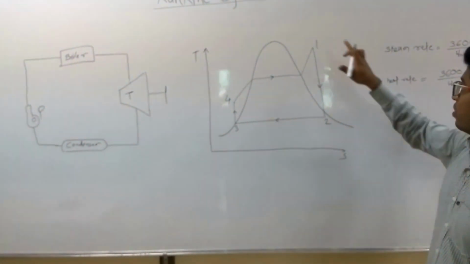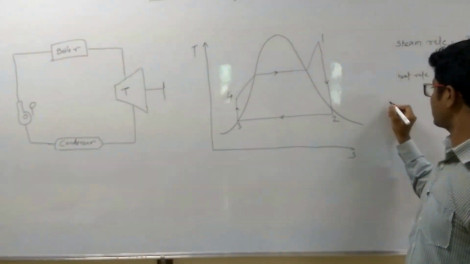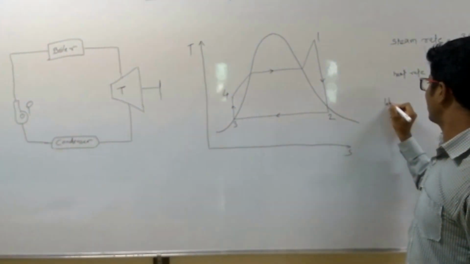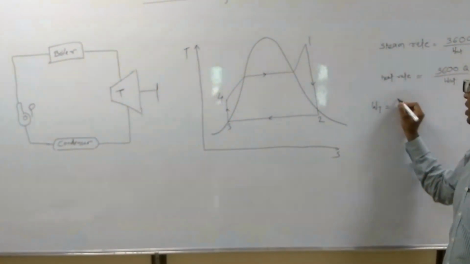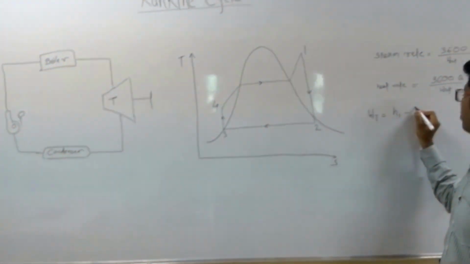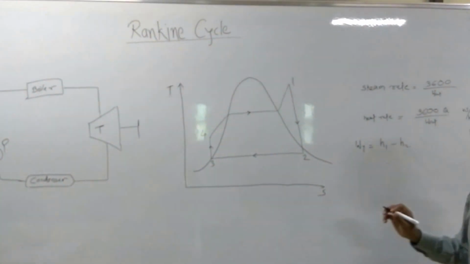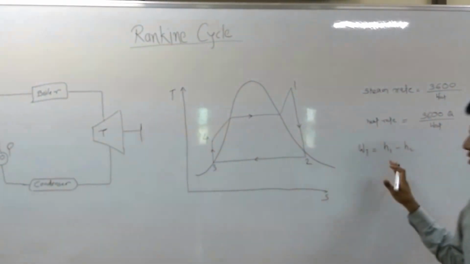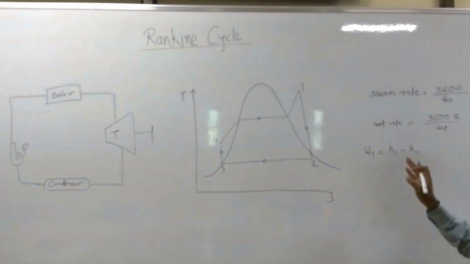Then for the turbine, turbine work is equal to H1 minus H2. This is the turbine work, that is the useful work produced by a Rankine cycle.